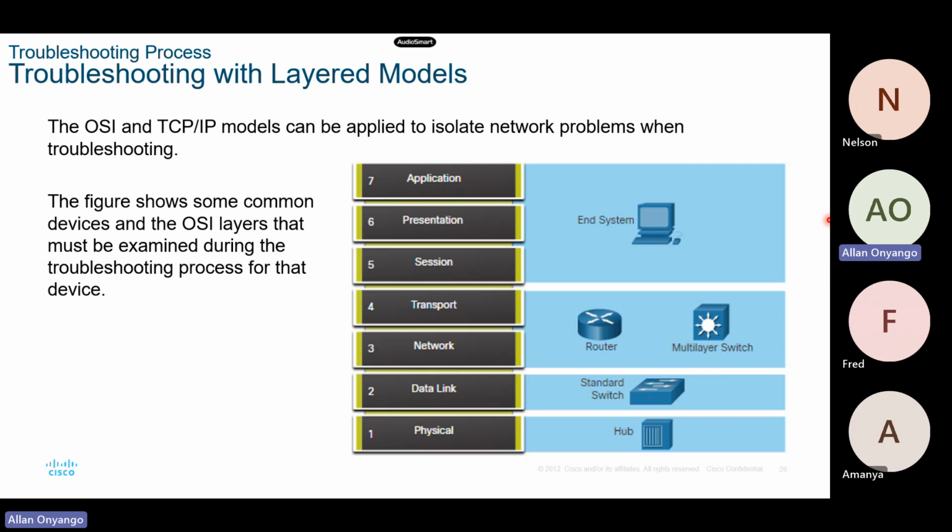At the data link layer, we normally have the Ethernet switch, the layer 2 switch, okay? At the network and transport layers, we have routers, and we have the layer 3 switches here, okay? So it's important to note that at each and every level, there's a certain device that performs some special functions. And for application, presentation and session, the end devices are majorly found here, and you might want to check so much about them here.